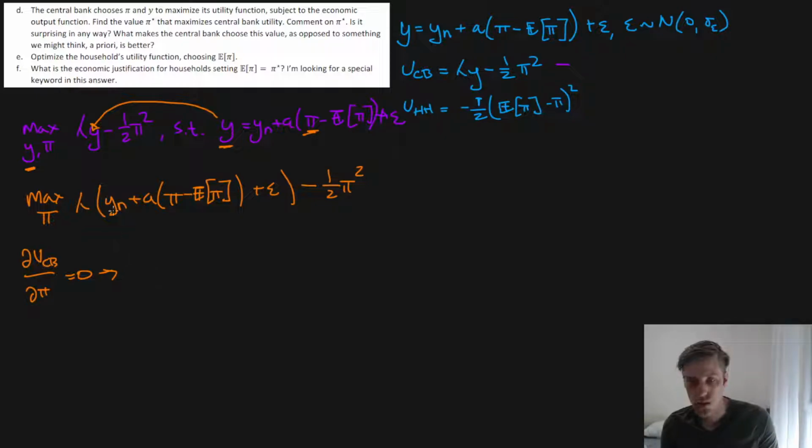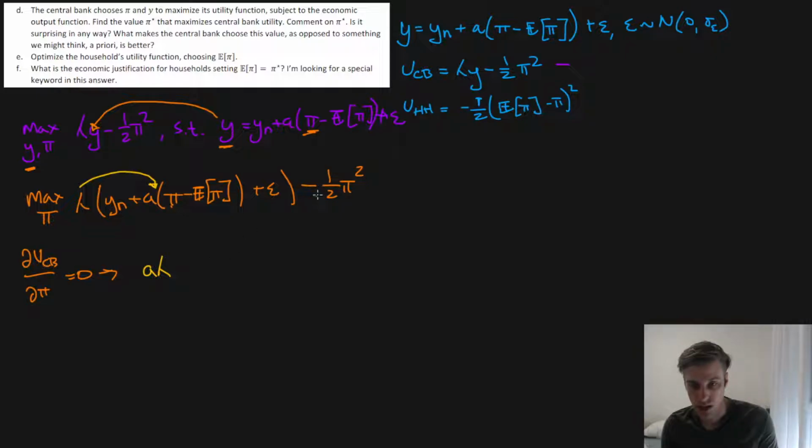Okay, so let's do it. We have a pi here, and so we'll have to factor the lambda inwards, right? So the lambda is here. So the coefficient on pi is a lambda. So we'll get a lambda. And there's no power or anything here. This is all just multiplicative. So we have lambda yn, that goes to 0 and take the derivative. We have a lambda pi, the pi goes away, we get a lambda, minus expected pi, this is all 0.